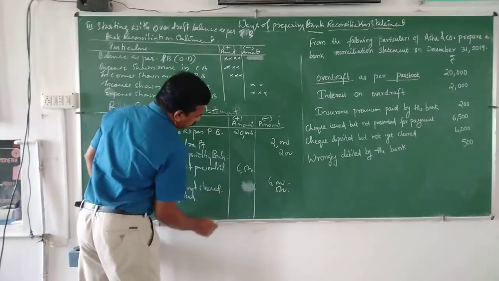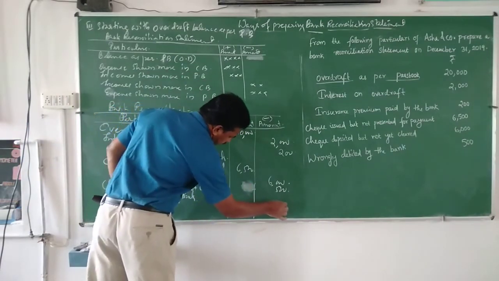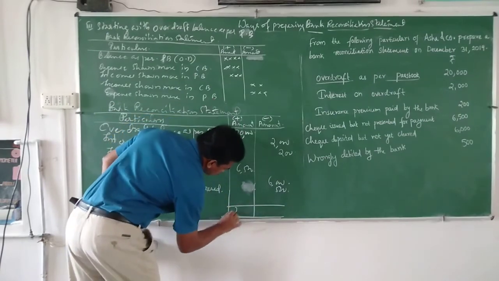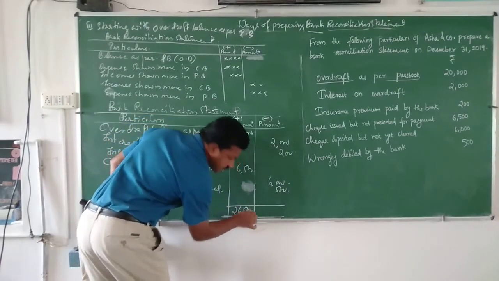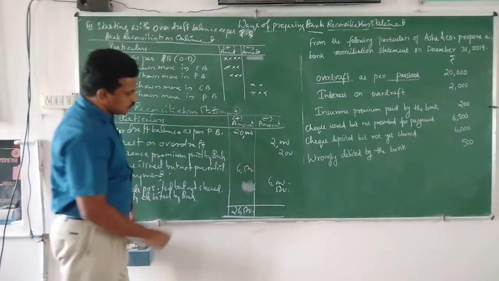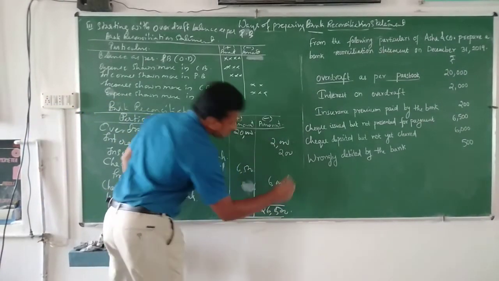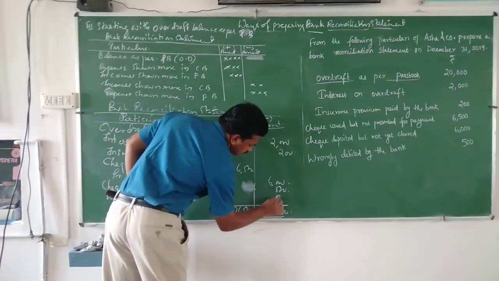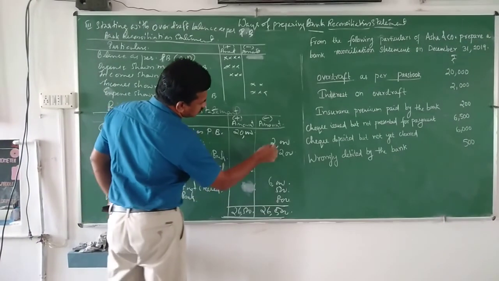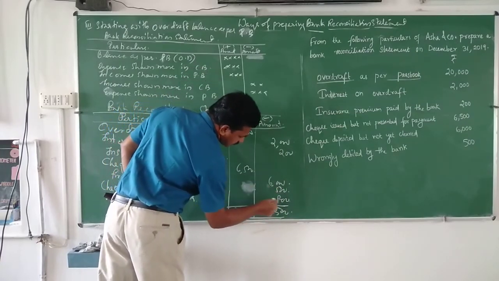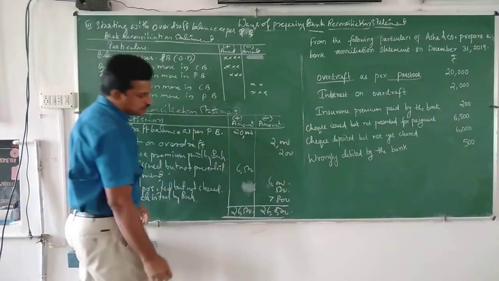So let us add. 26,500 can be taken here. Plus 8, 15. Balance 1, 3. Plus 6, 9. 9 plus 7, 16.